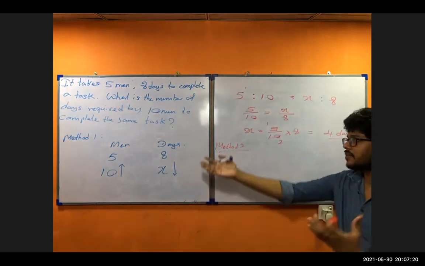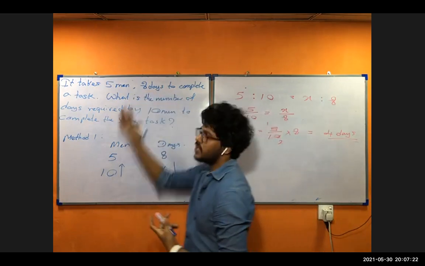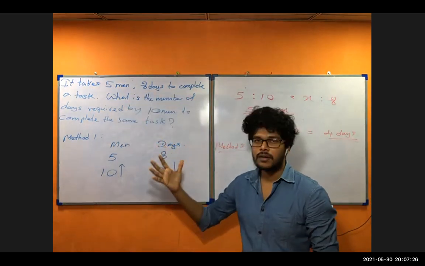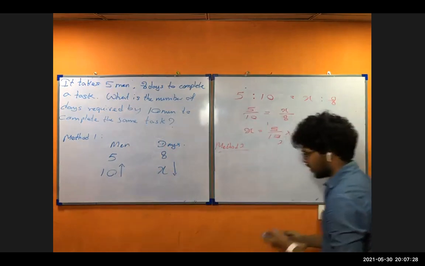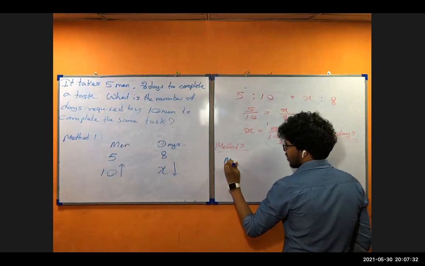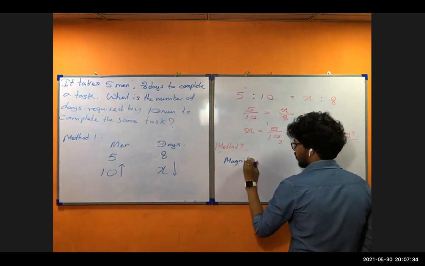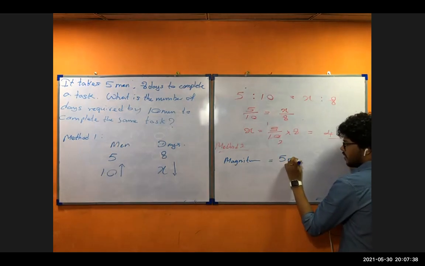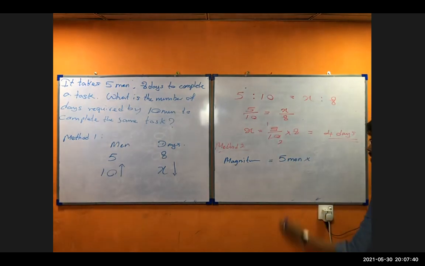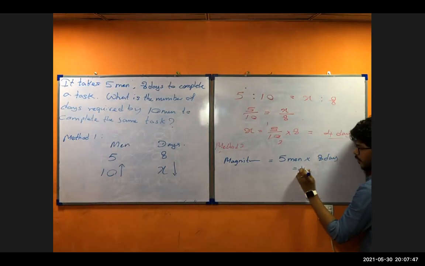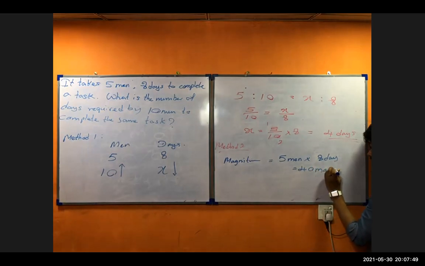The work is constant, not changing, so I can find its magnitude. The magnitude of the work is equal to 5 men multiplied by 8 days, which is 40 man days.